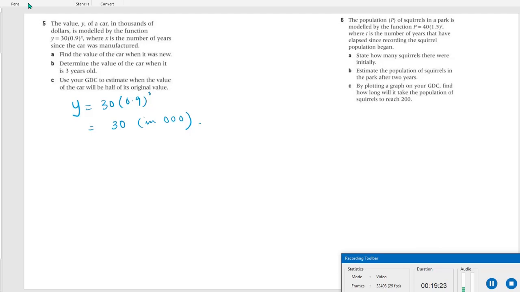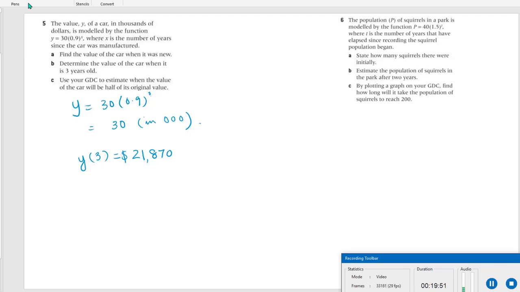Putting x is equal to 3, we'll find the value of the car after 3 years. Let's just calculate it. It would be $21,870.